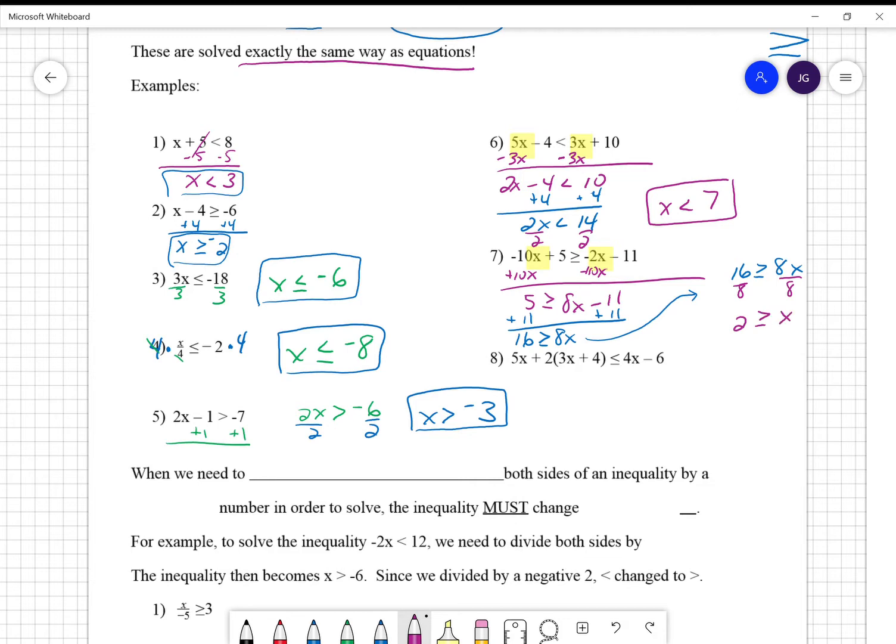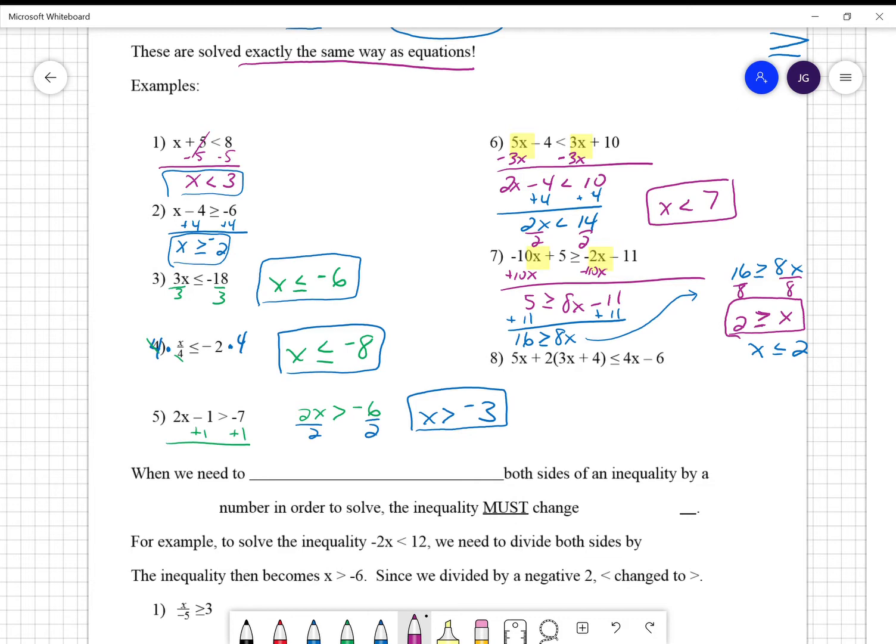Now this is where some people have problems with the inequalities, especially when we get to the part on graphing. 2 is greater than or equal to x is the same thing as x is less than or equal to 2. Notice how the inequality in purple points to the x.